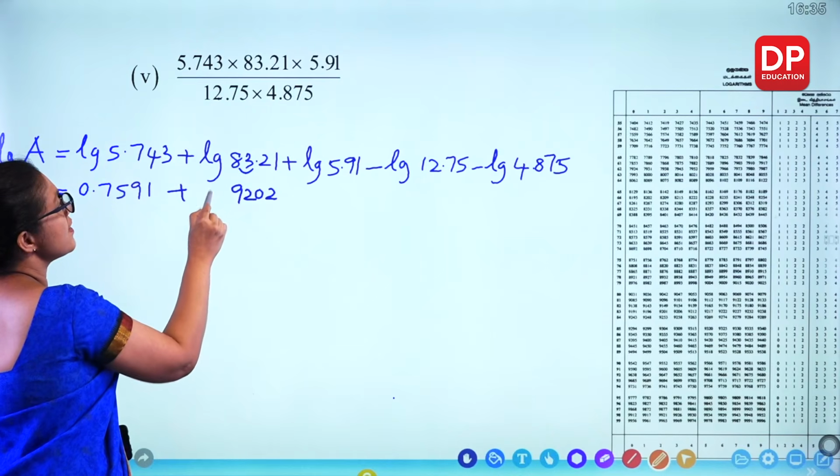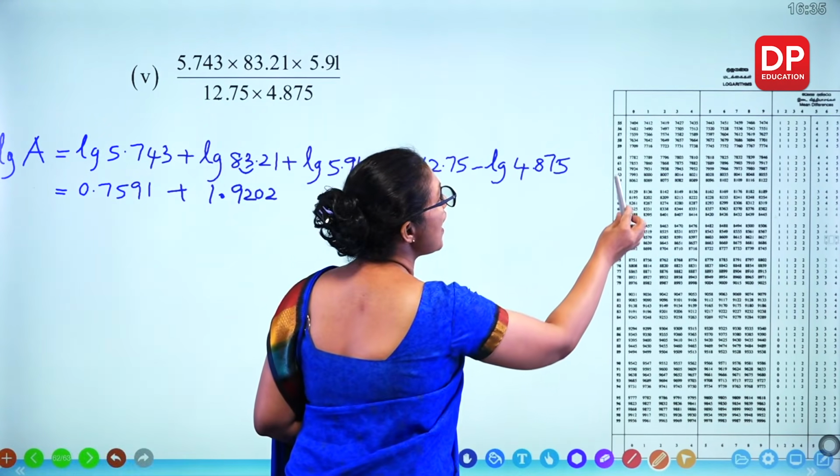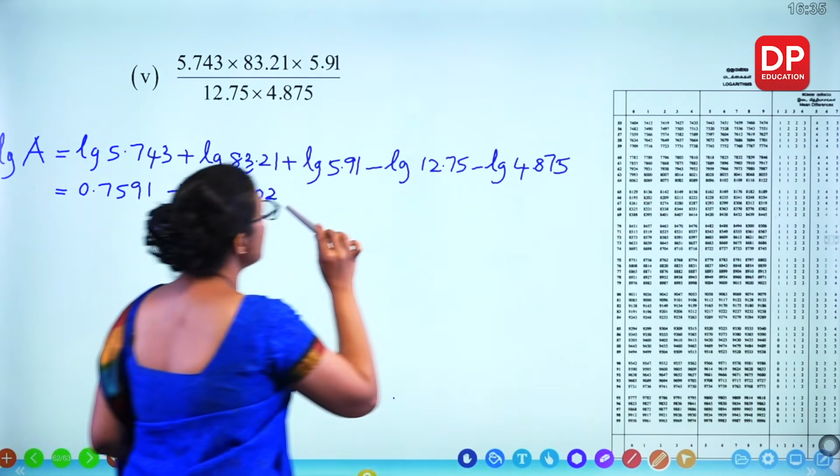Characteristic is 1. Then 59.1. 77.16. Characteristic is 0.